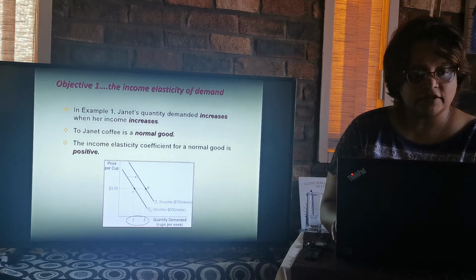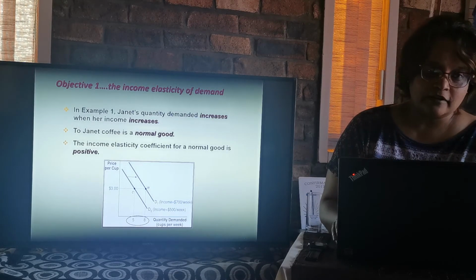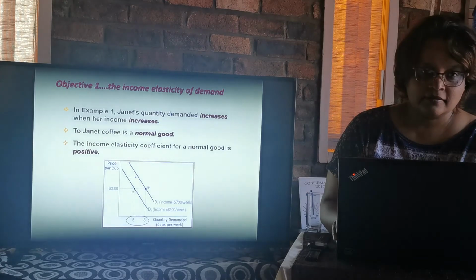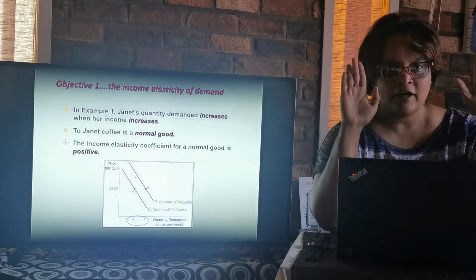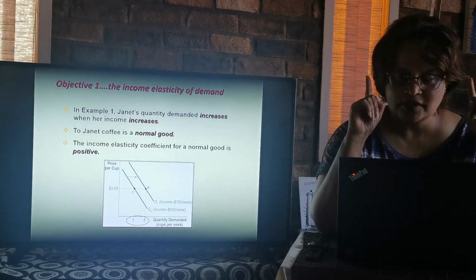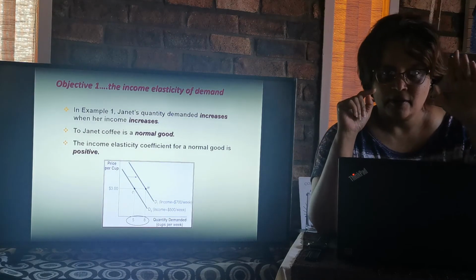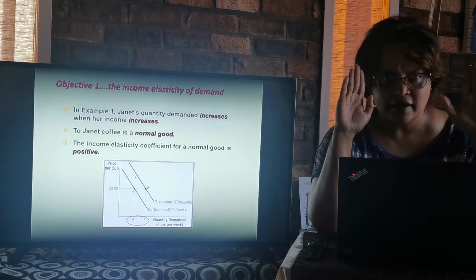In example 1, Janet's quantity demanded increases when her income increases. Am I correct? So Janet's coffee is normal. Why? Because as the one increased, the other one also increased. Remember what I said with supply? It's almost the same principle. My demand will increase because my income increased. Same direction.